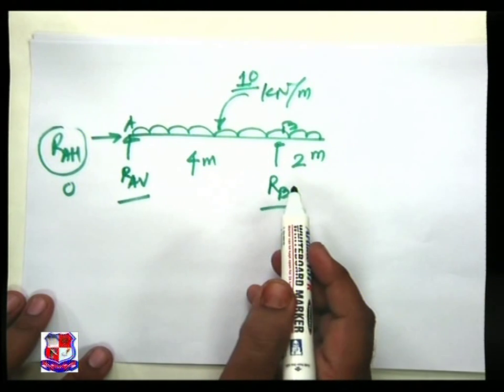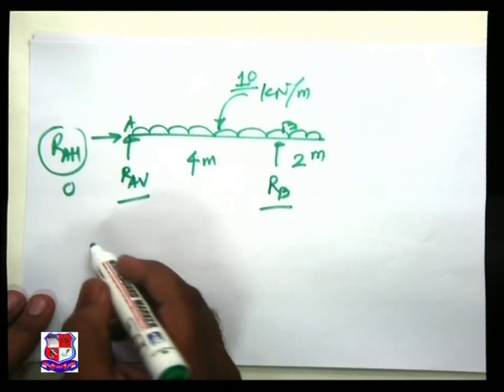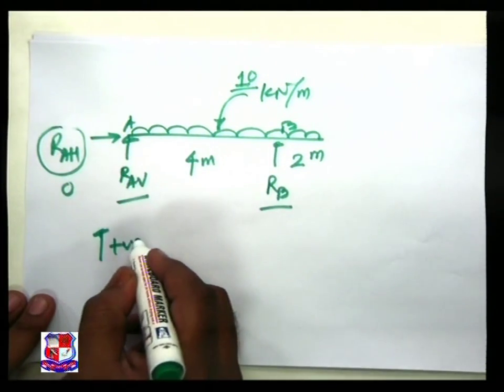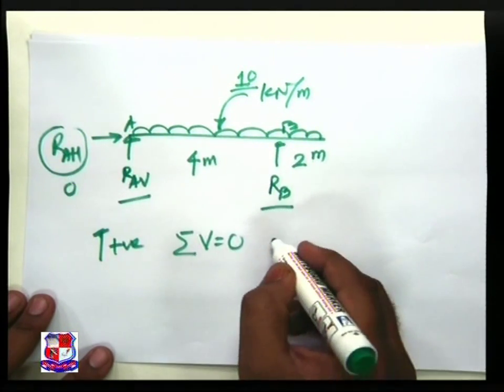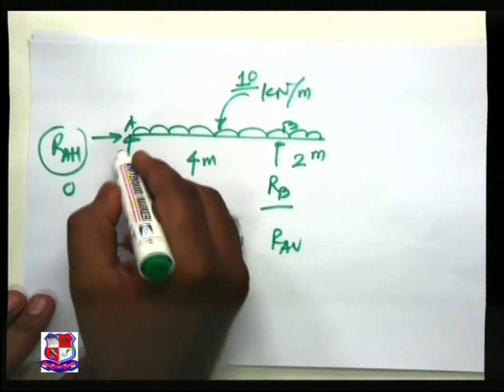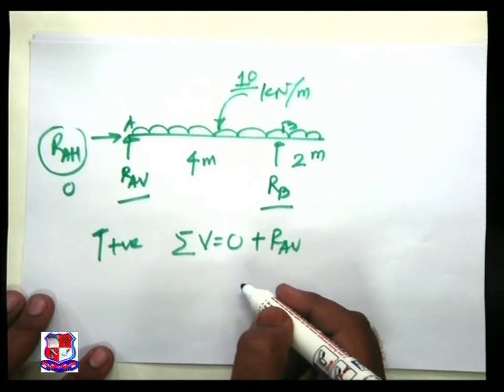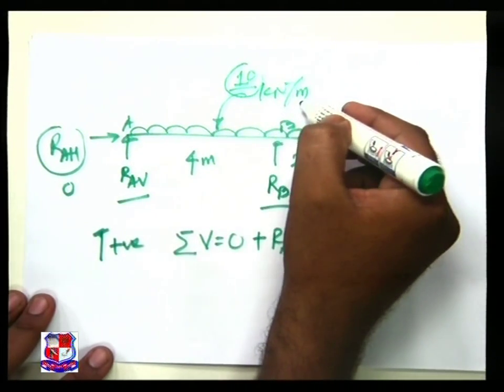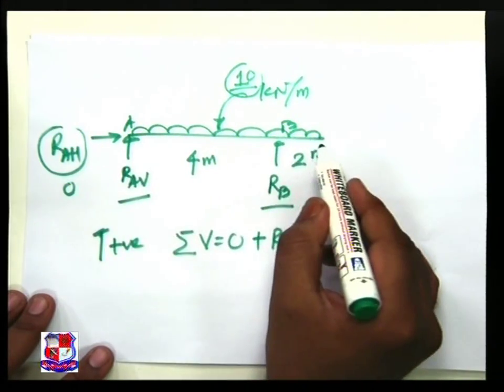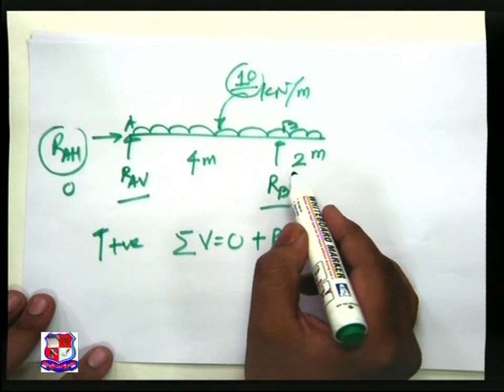Now see the sign convention. What is sign convention? We are assuming upward treated as positive. So if we take sigma V is equal to 0, then RAV upward treated as positive. Next, this 10 kilonewton per meter acting throughout the length of beam of 6 meter.